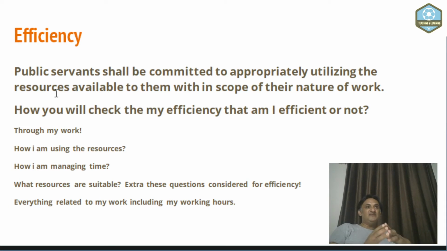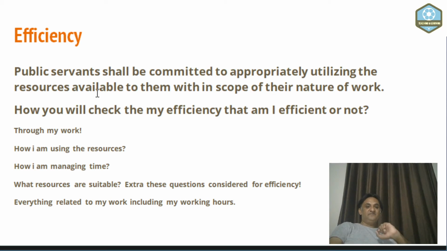But if you are utilizing or taking all opportunities, then it doesn't make sense. If you borrow from somebody, there's no management, there's no plan, and you're spending extra money and resources, that's not efficiency. For efficiency, you have to be smart within the scope of the nature of the work.